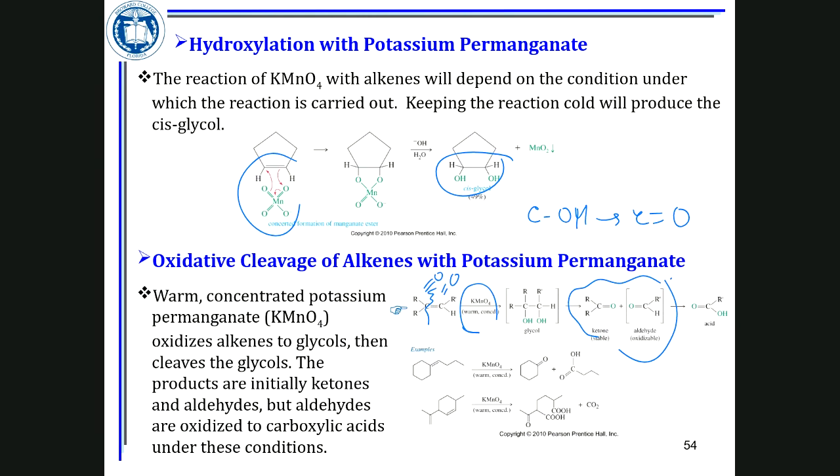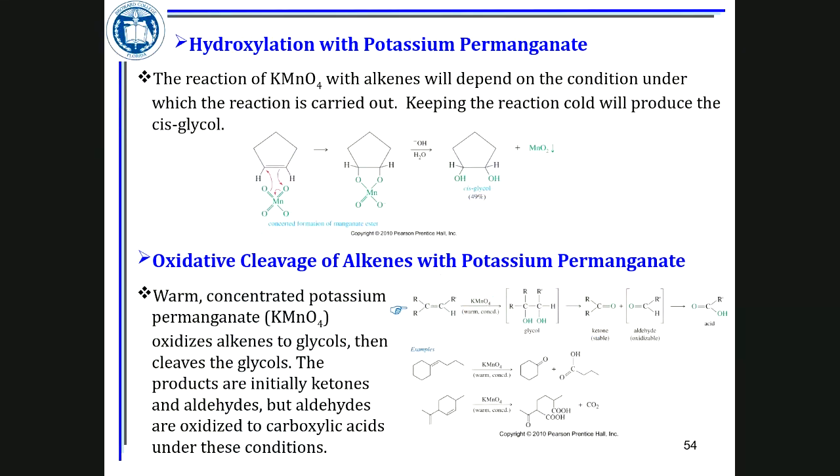Now, if your alkene is a monosubstituted alkene, you have a CH3 here and the CH3 on that. There's a hydrogen and hydrogen.